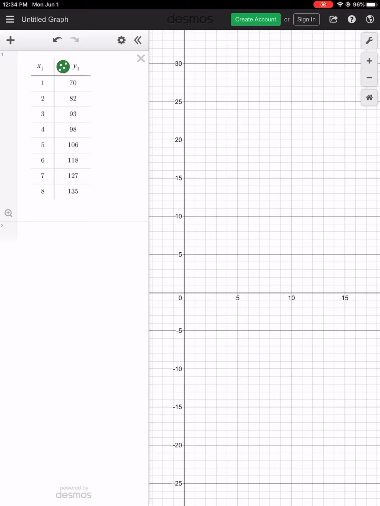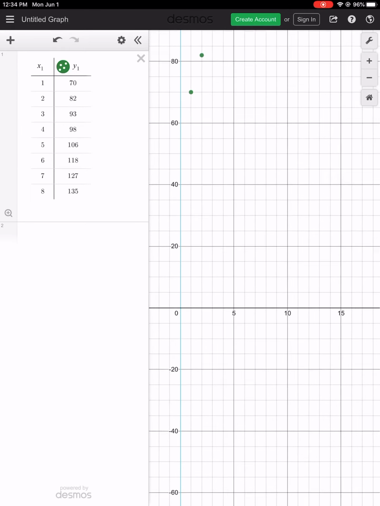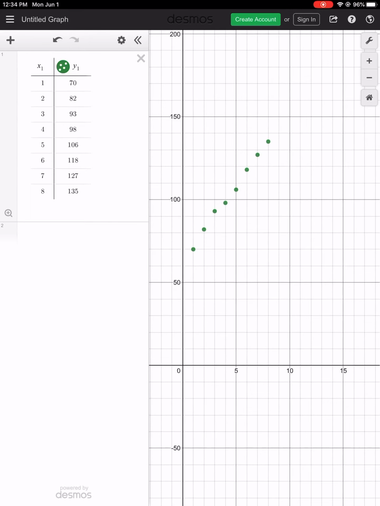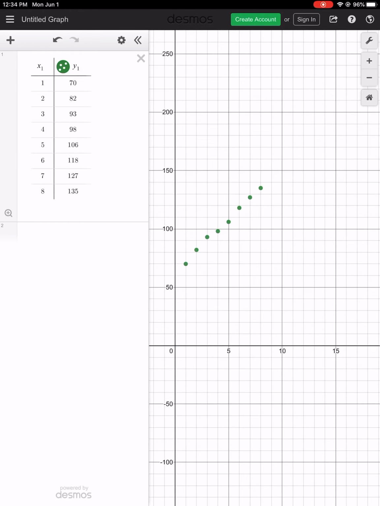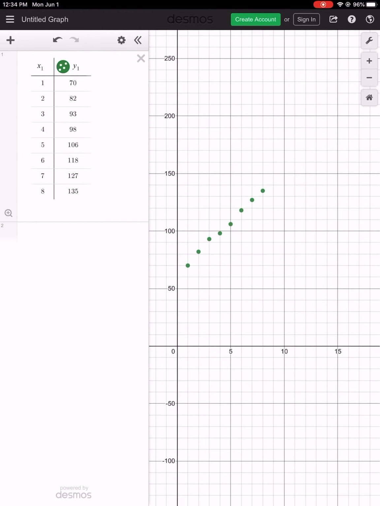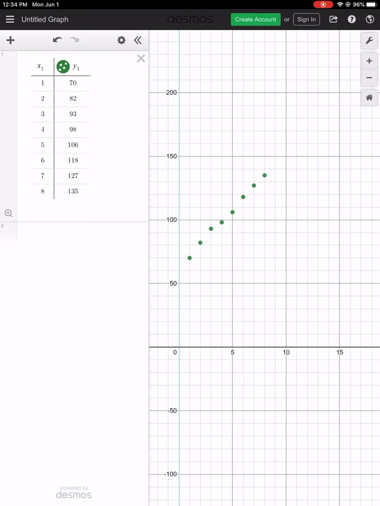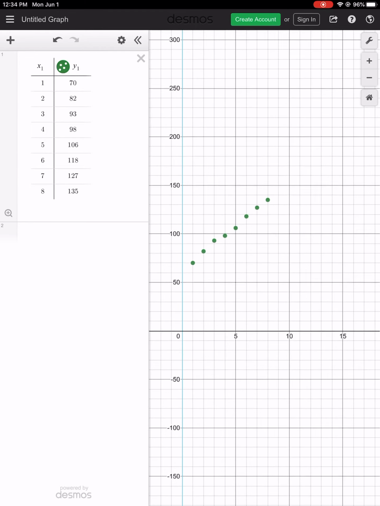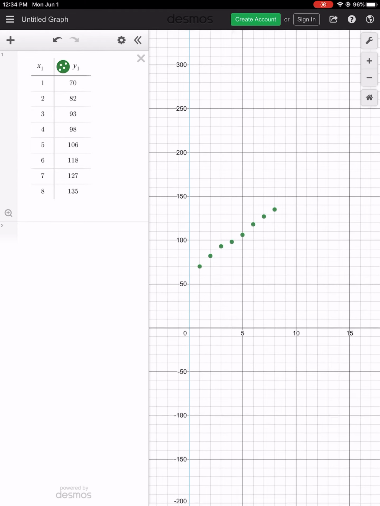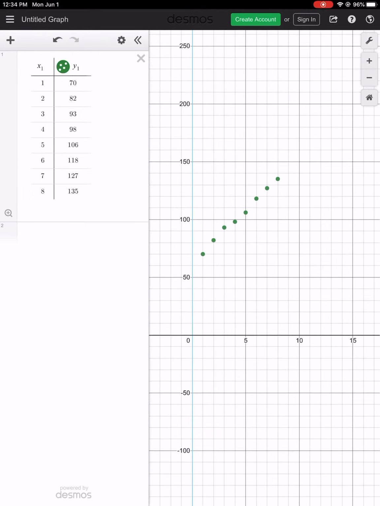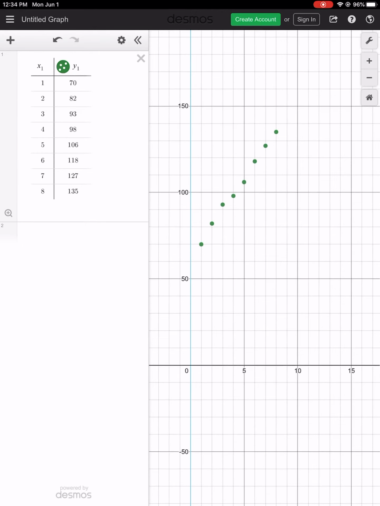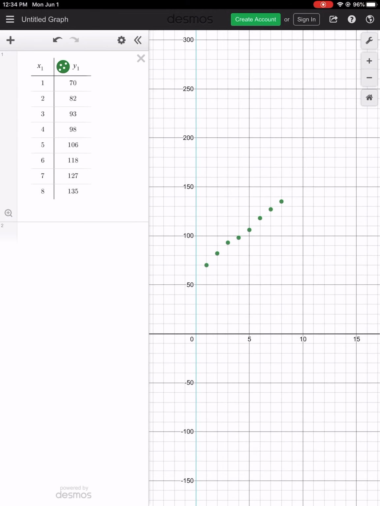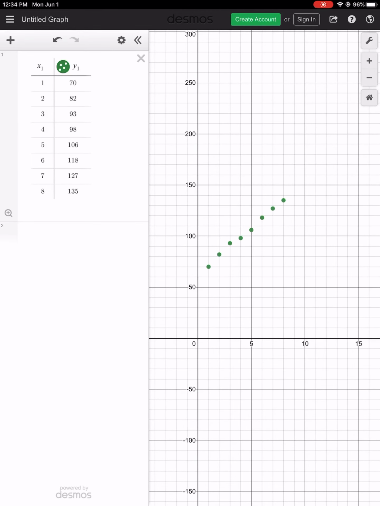My y-axis, however, needs to be brought down. There they are right there. So I'm pinching on the y-axis. My two fingers are on the y-axis right now only, so I'm only changing the vertical scale. Okay, so there's the points right there.